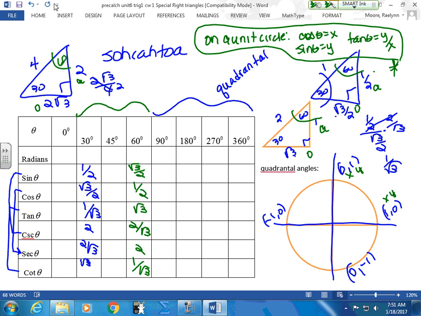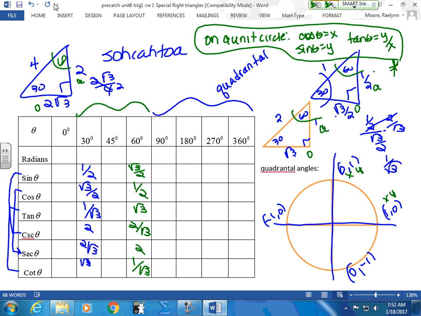On a unit circle, the cosine of theta, any angle, is its x value, because we divide it over 1, the hypotenuse, which we don't have to. The sine of any angle is its y value, because we would take the y over 1. We don't have to divide by 1. And the tangent is the y over x.